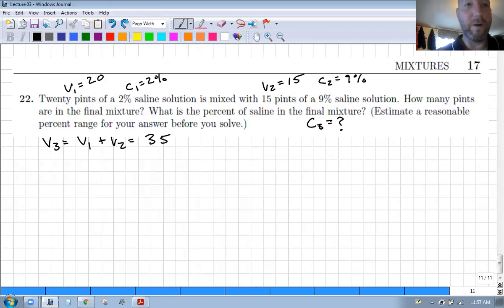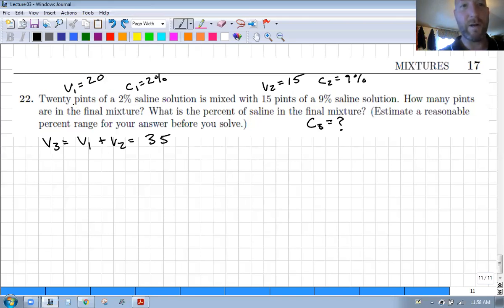Since there are more pints at 2% than at 9%, it's going to be closer to 2% than 9. So I'm thinking maybe like 4% or 5%.